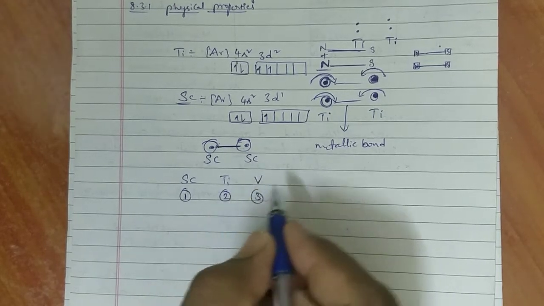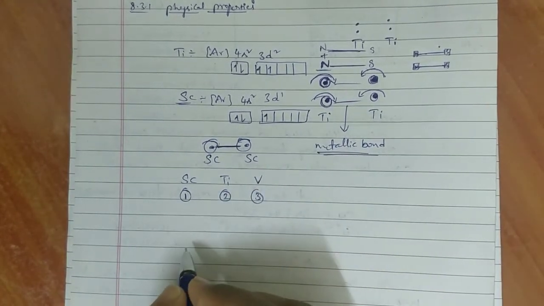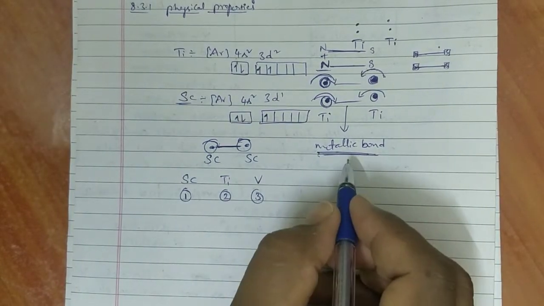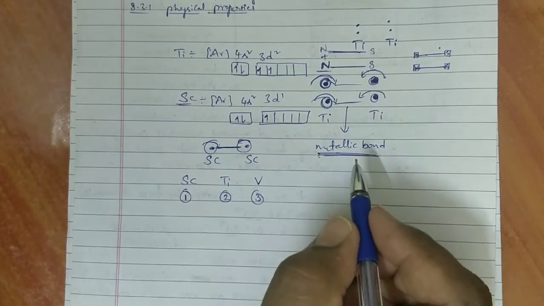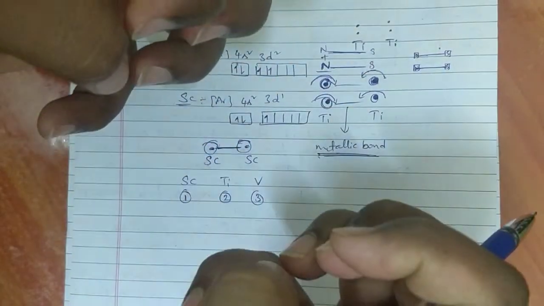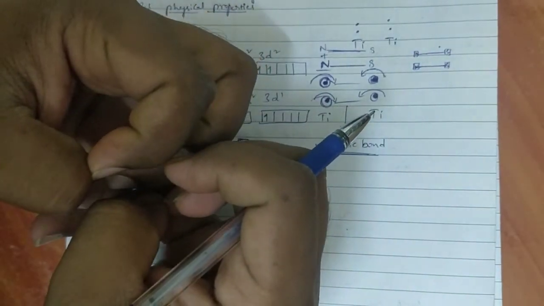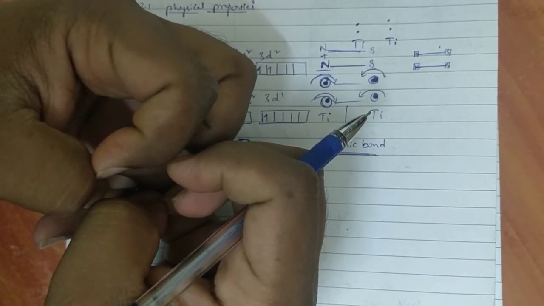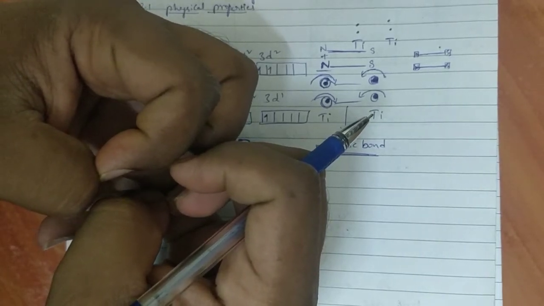Here that interatomic force is metallic bond. When the interatomic forces increase, they are closely packed with each other with very strong force. Because of that, melting points are increased. Even the metals get very hard.